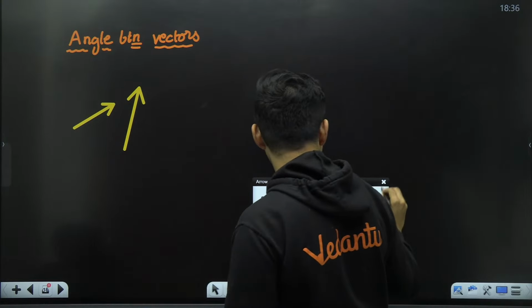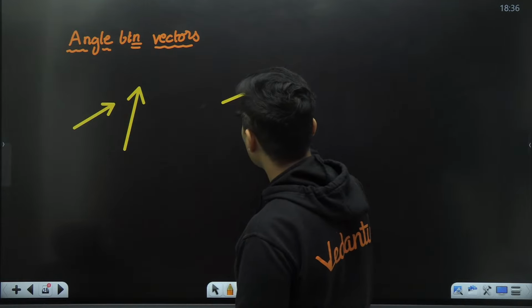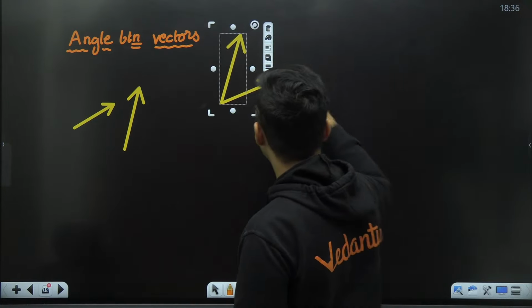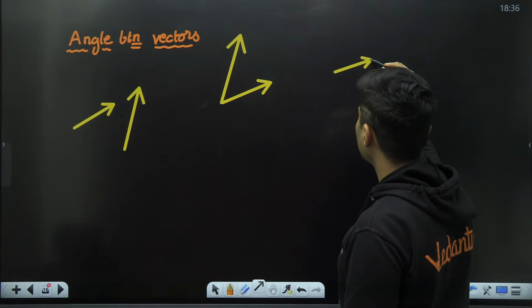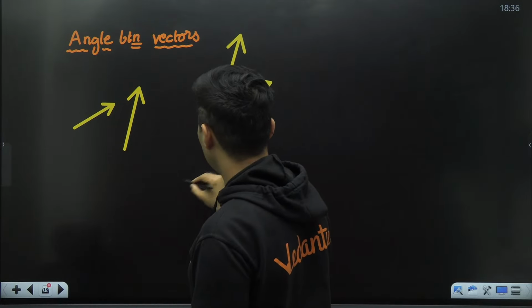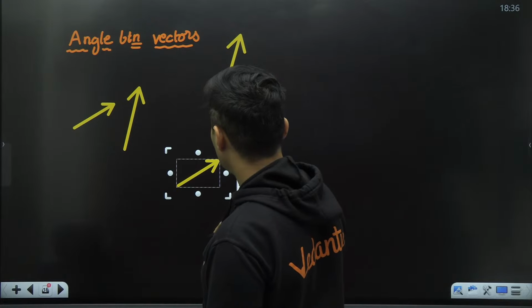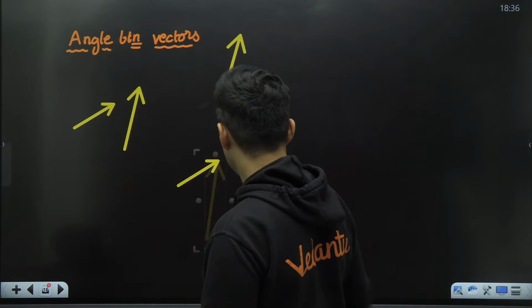So let's move them. One way is, this vector is as it is over here and the other vector is over here, or this vector is here and this vector is here, like this.